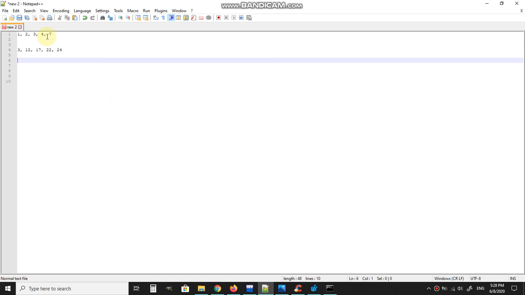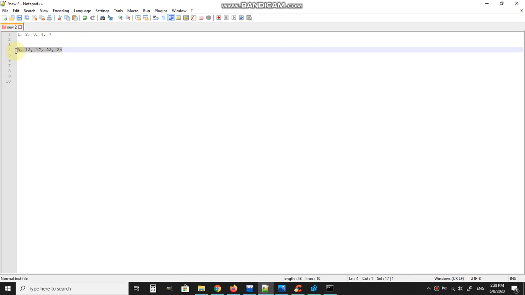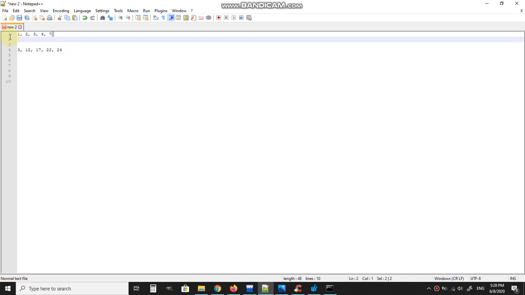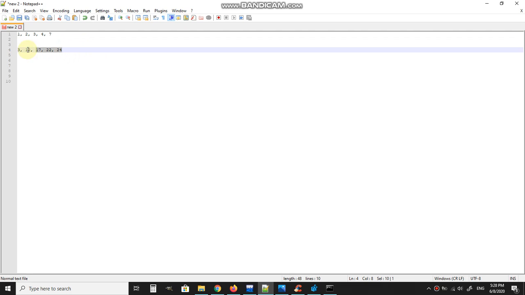So if we go to this Notepad++, we see that a number that looks like 1, 2, 3, 4, 7 will not play on a regular basis, but a number that's modeled like 3, 12, 17, 22, 24 has a greater chance of playing. This type of number will play 4 to 5 times more than a number that looks like this. So our program will be designed to generate numbers that look like this.